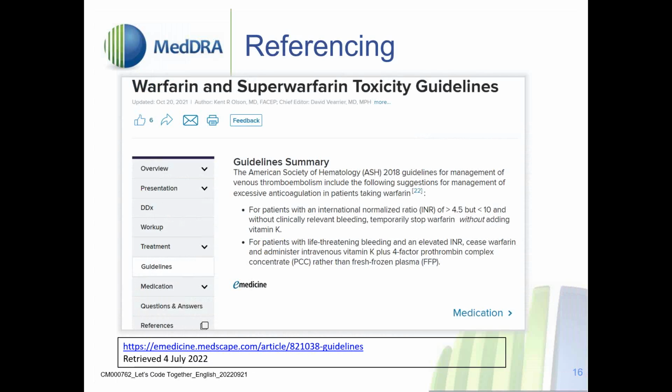And you can see some recent guidelines for the management of excessive anticoagulation in patients taking warfarin on this slide, issued by the American Society of Hematology. If patients suffer serious bleeding because of excessive anticoagulation, the cessation of the anticoagulant therapy, the intravenous administration of vitamin K and transfusion of coagulation factors is indicated.